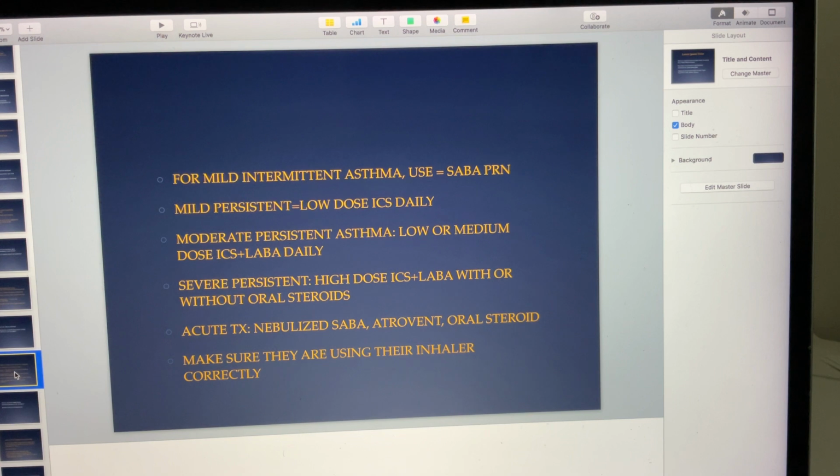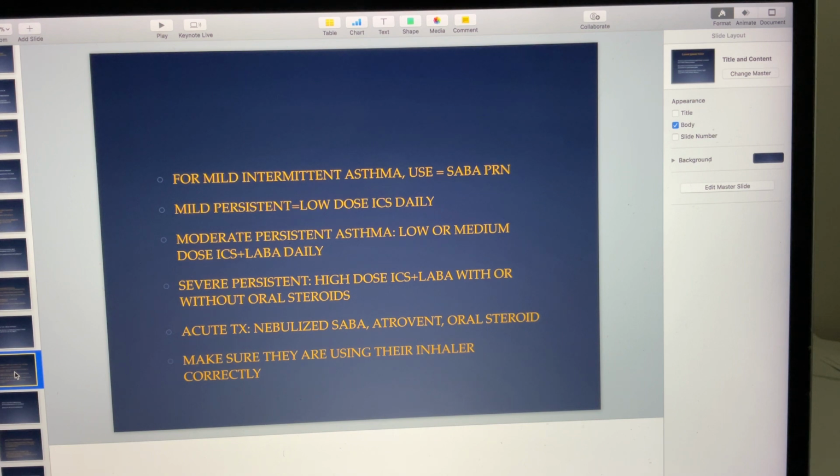For mild persistent, you can add a low-dose inhaled corticosteroid daily. For moderate persistent asthma, you add a low or medium dose inhaled corticosteroid plus LABA, which is long-acting. For severe persistent, you want a high-dose inhaled corticosteroid plus long-acting, with or without oral steroids.